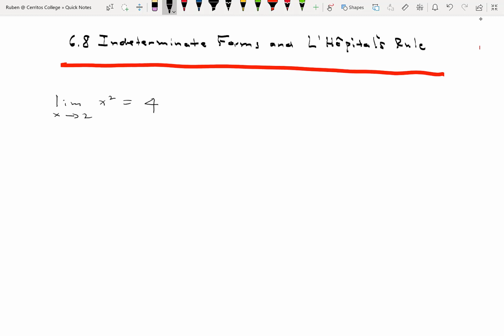This is saying that as x approaches 2, as x gets as close to 2 as one would desire, you can make x squared as close as one would desire to 4. You can make x squared as close to 4 as you want just by making x sufficiently close to 2 without ever actually equaling 2.